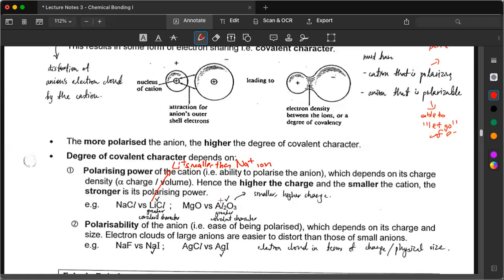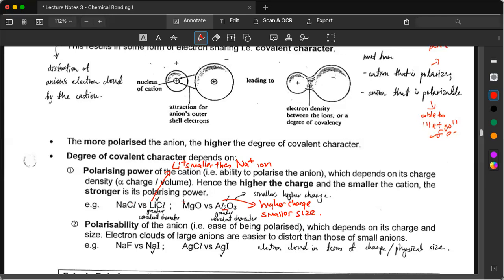As for this one, aluminum has higher charge compared to magnesium, and the aluminum ion is actually smaller in size because it loses 3 valence electrons, so the remaining electrons are attracted more strongly to the nucleus.